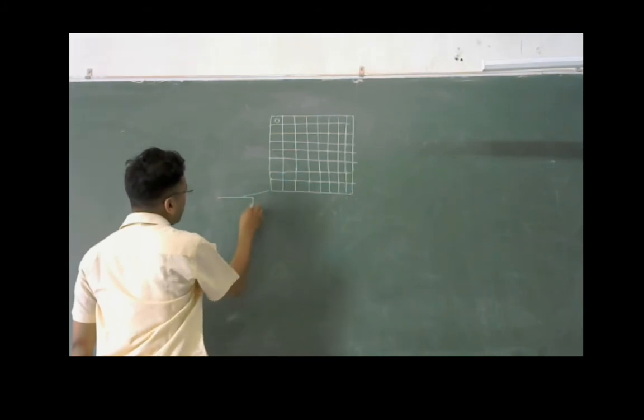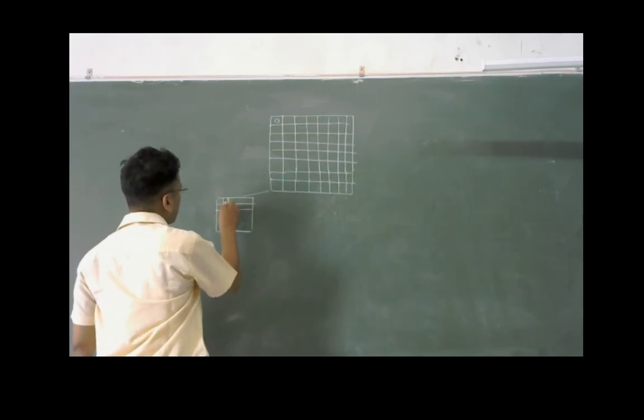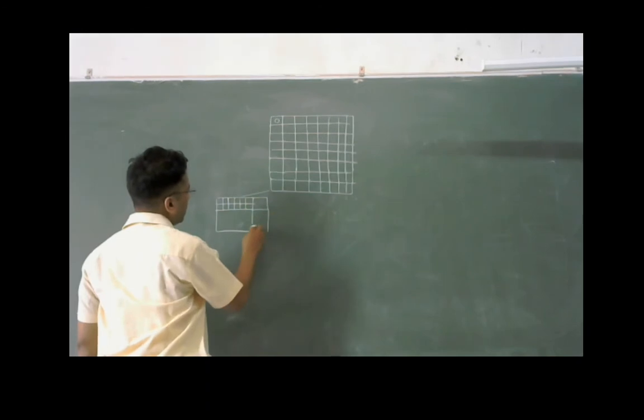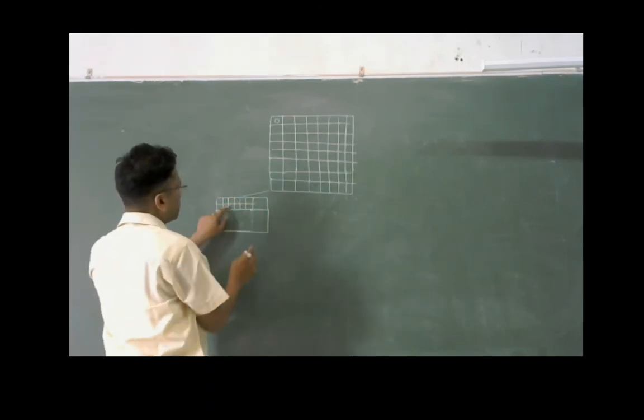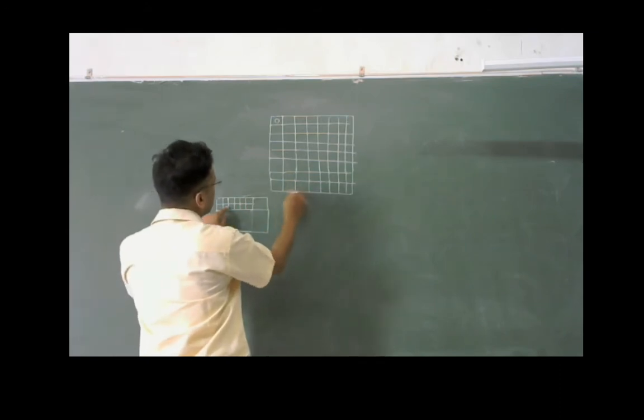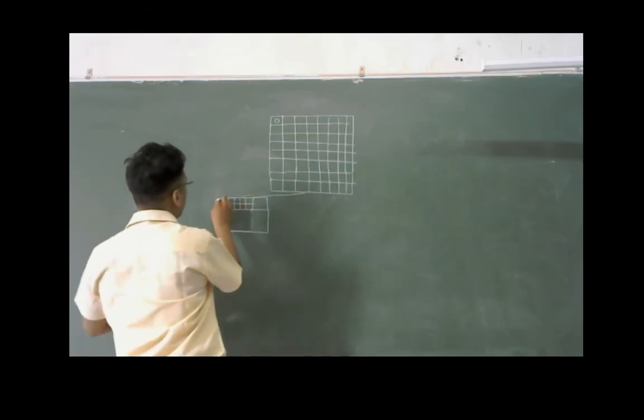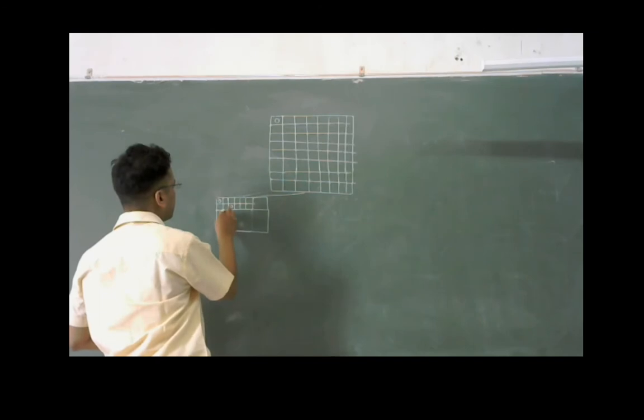So I shall draw just 2 rows to simplify the diagram. All the possible positions, one for this position, first here and third one here.